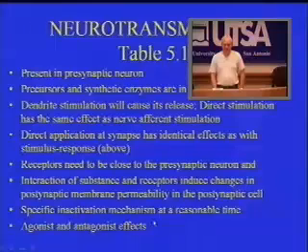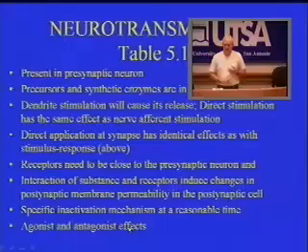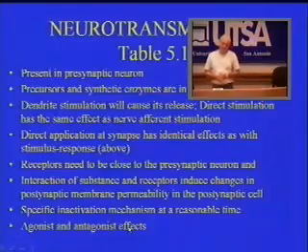Agonist and antagonist effects are obvious, and you'll find in this chapter, toward the end, there are tables listing many different receptor subtypes and many different agonists and antagonists for the different transmitters and the different receptor subtypes.